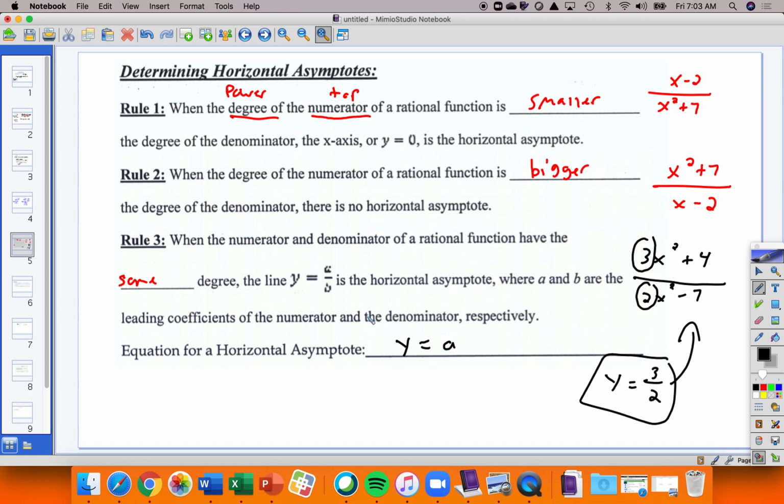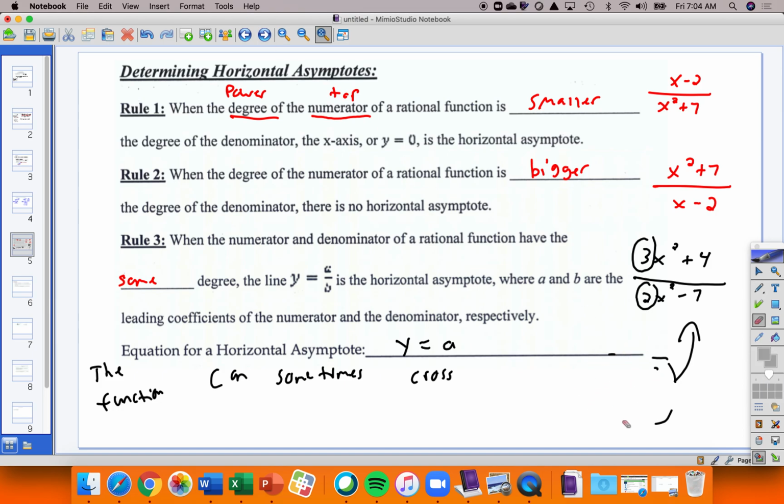Y equals a. Horizontal asymptotes can sometimes be crossed. The function can sometimes cross it. What happens sometimes is that you have a horizontal asymptote. Like, let's draw one over here.